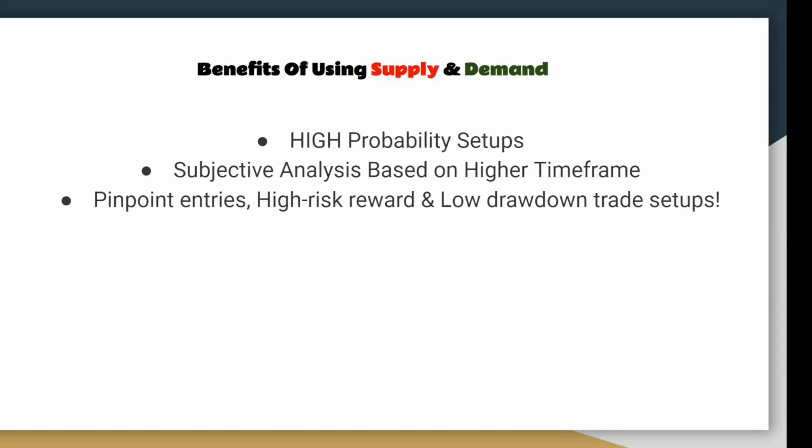But the moment it becomes invalidated and the price action pierces through it, you would then get out of your trade. So you already, in a sense, have your stop loss predetermined before you enter a trade. Those are some really good benefits of supply and demand.